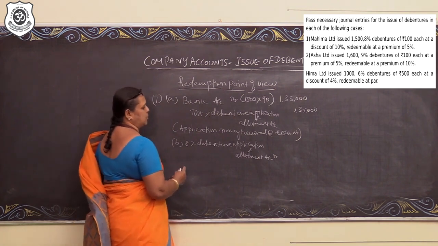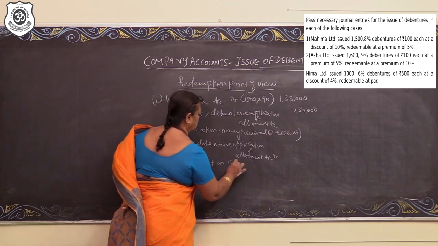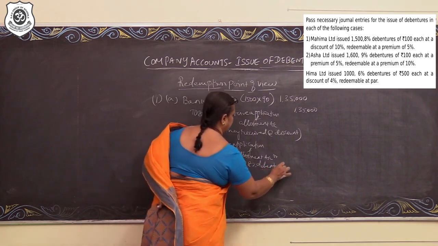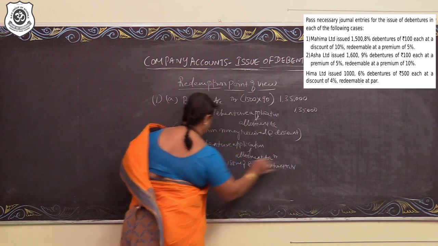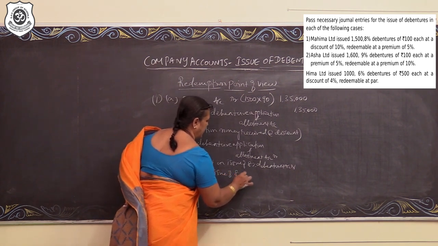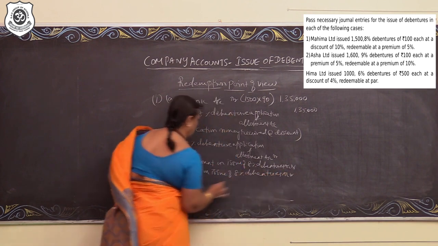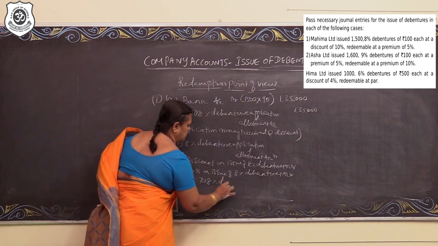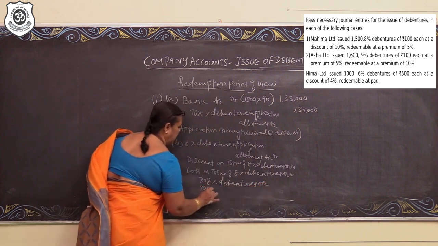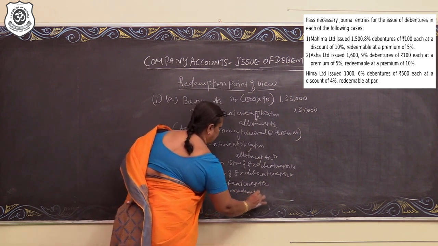So 8% debenture application and allotment account debit, discount on issue of 8% debentures account debit, loss on issue of 8% debentures account debit to 8% debentures account to premium on redemption of debentures account.